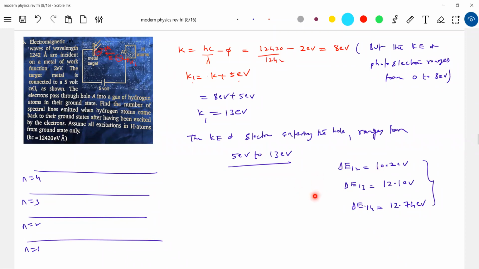The similar thing we just discussed for the neutron. Now we can go for the transition. So this will be one photon. Find the number of spectral lines. The number asked is 6, we can write it.